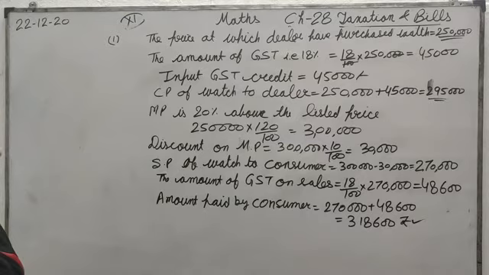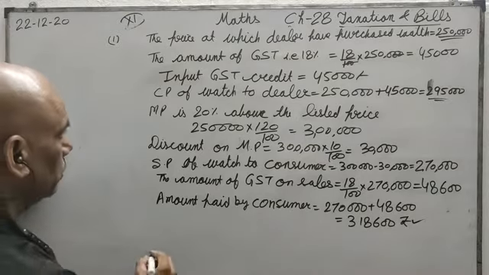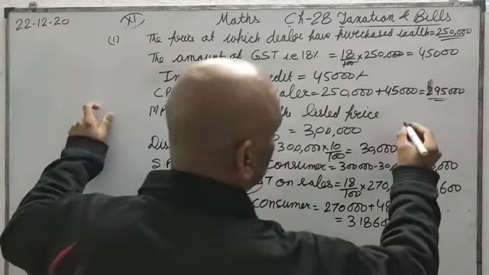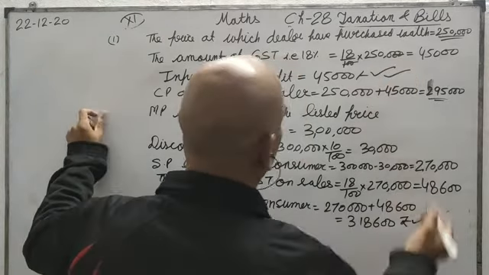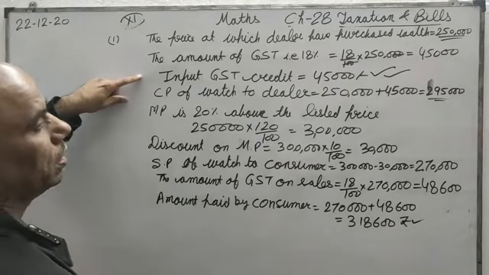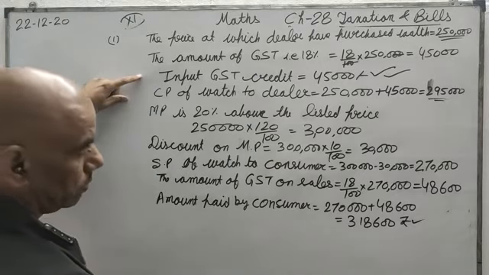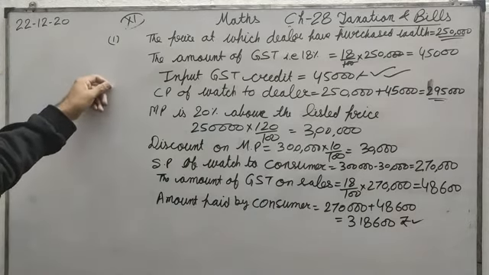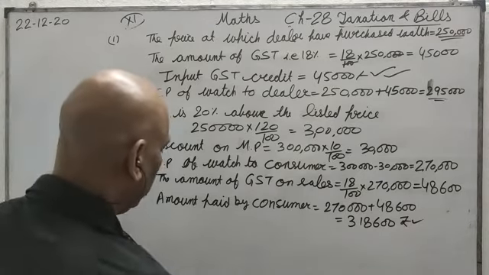GST paid by the manufacturer. So that is GST paid by the manufacturer is this input GST credit. That is, this is the GST paid by the manufacturer to the government.